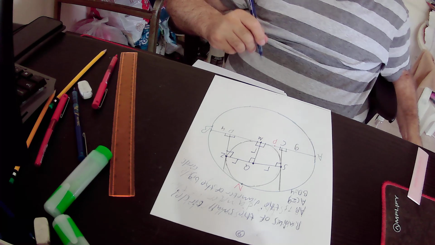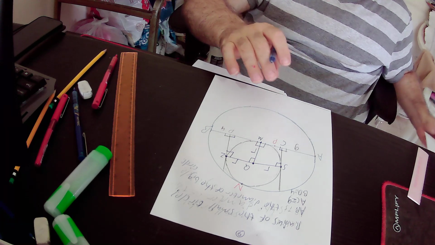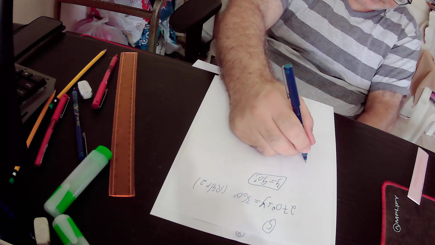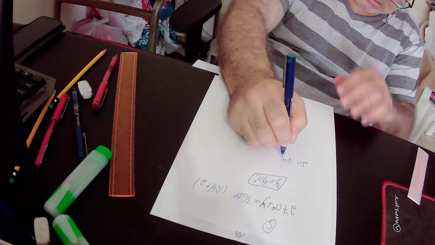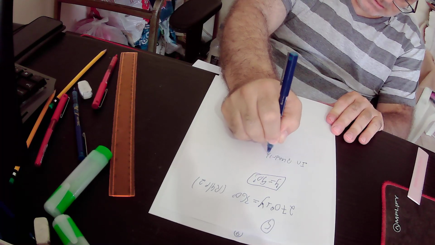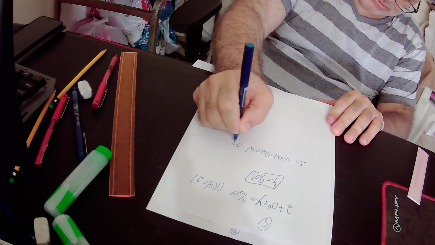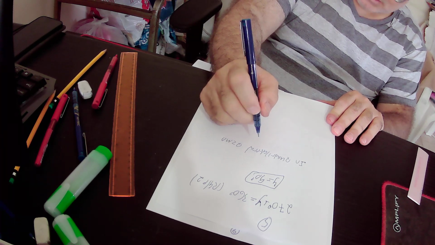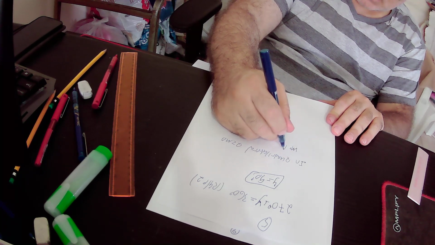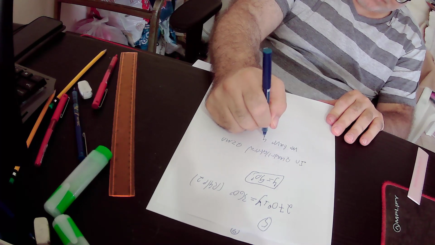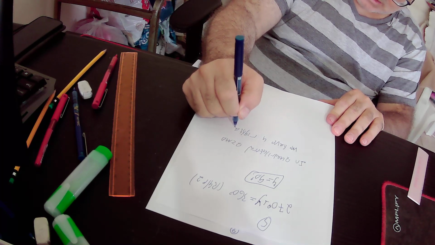So we actually have 4 right angles in quadrilateral QZMD.